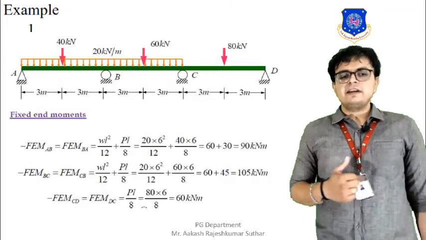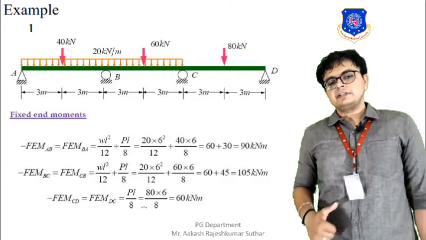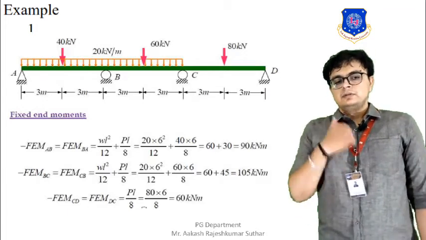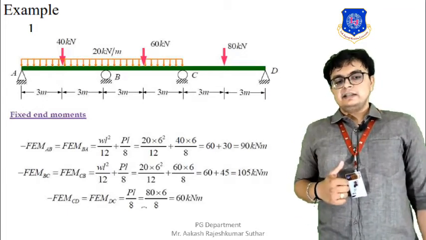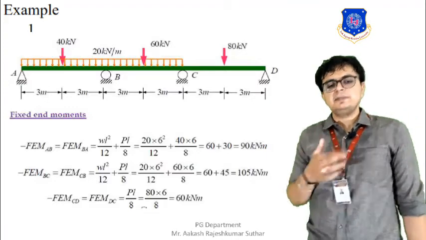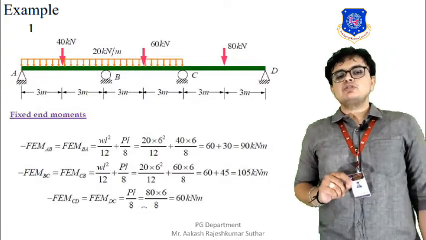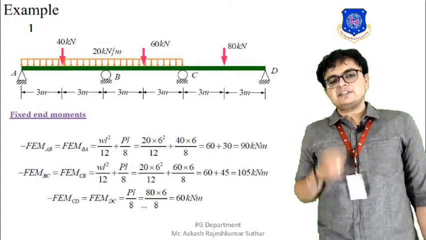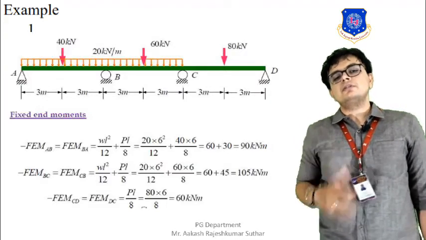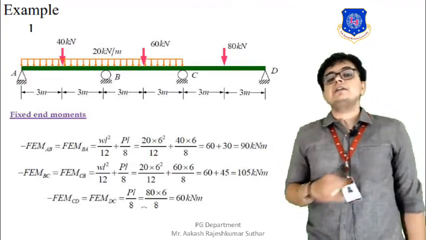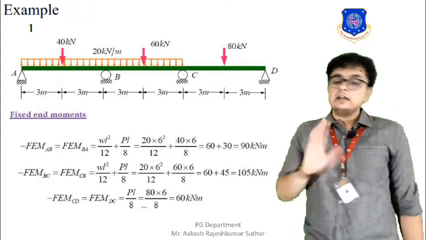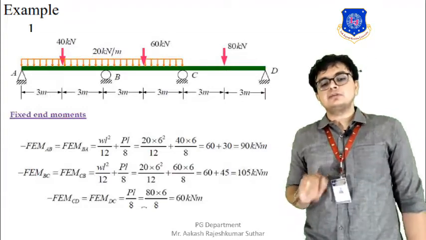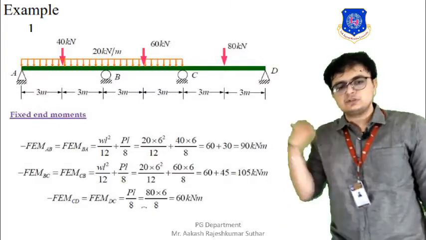Okay, so let's find first of all for the AB joint. Fixed end moment at AB or BA will be equal to WL square by 12, that is the fixed end moment because of the uniformly distributed load that has an intensity of 20 kilonewton per meter, and it occurs only for 6 meter. So L here will be equal to 6, you can see over here.